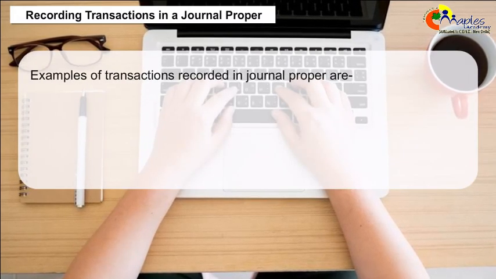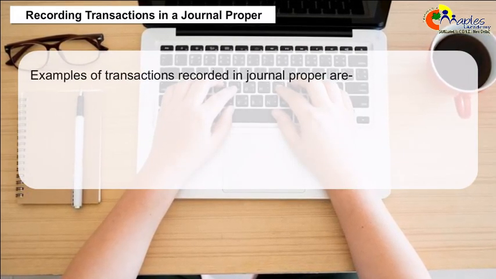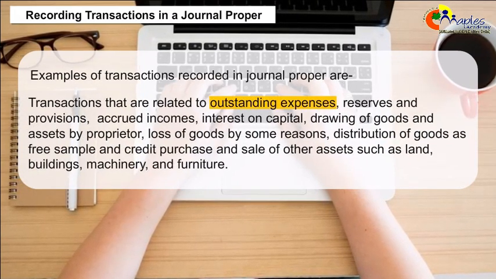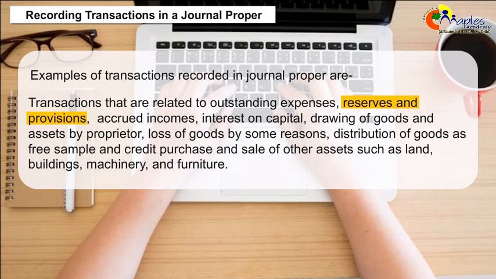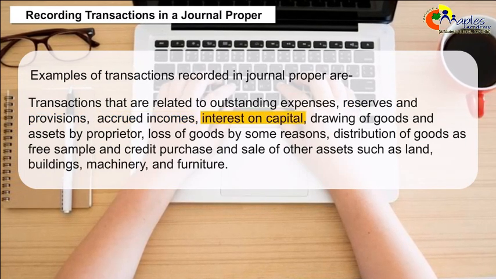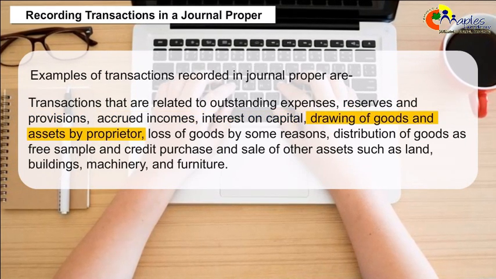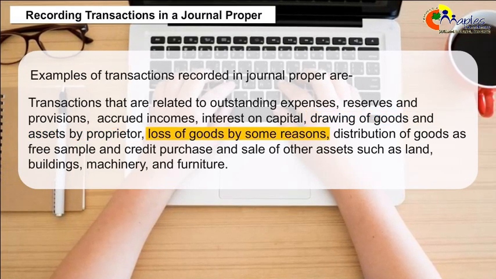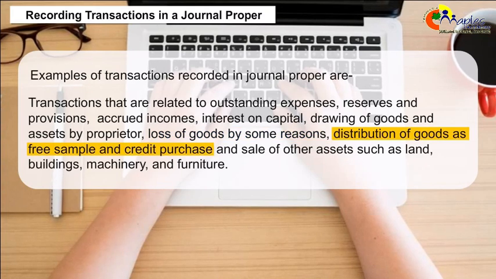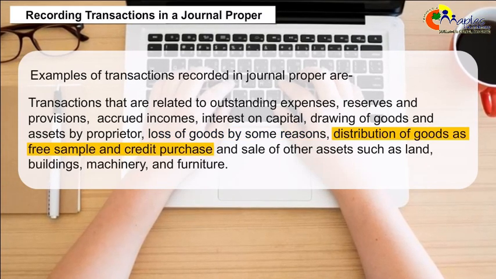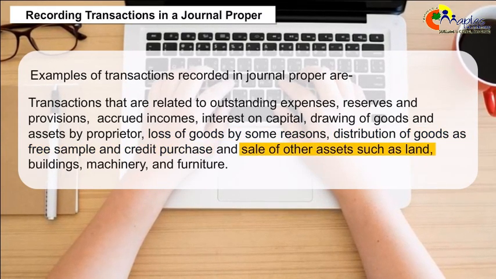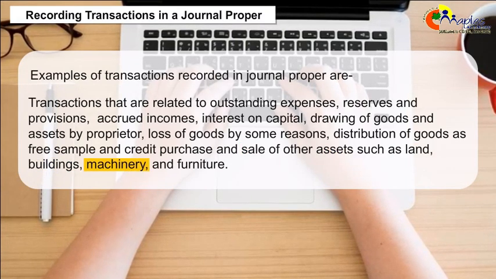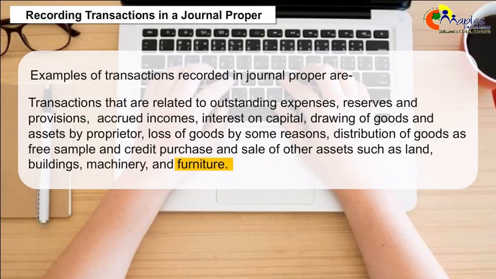Examples of transactions recorded in journal proper are transactions related to outstanding expenses, reserves and provisions, accrued incomes, interest on capital, drawing of goods and assets by proprietor, loss of goods by some reasons, distribution of goods as free sample, and credit purchase and sale of other assets such as land, buildings, machinery and furniture.